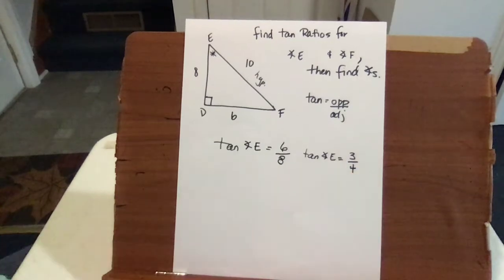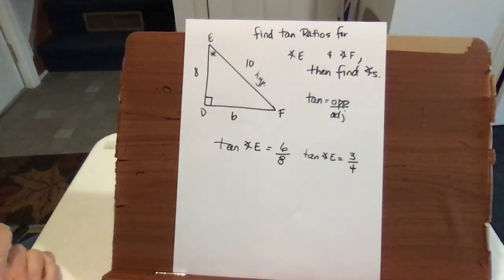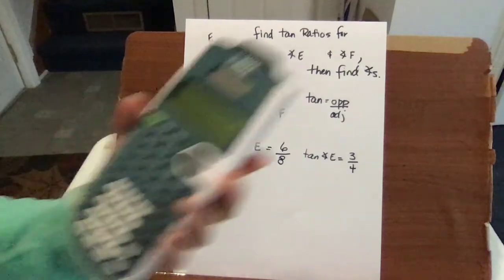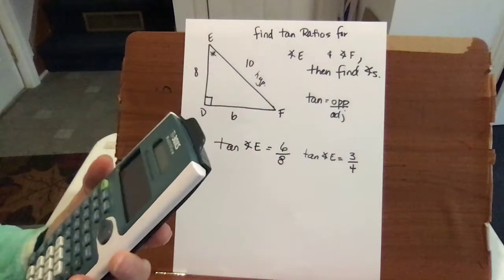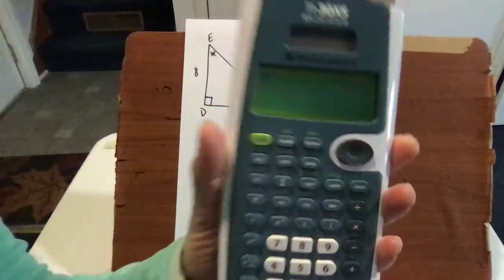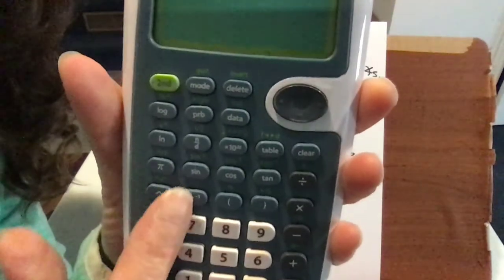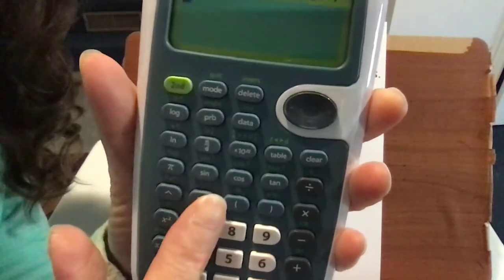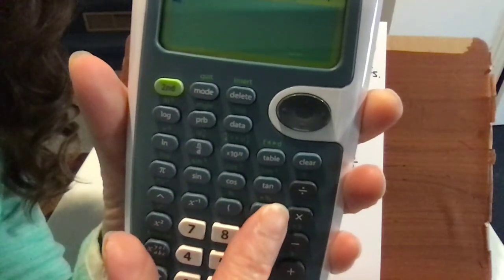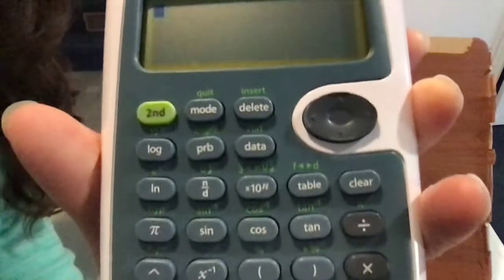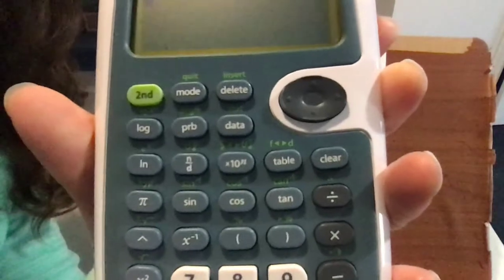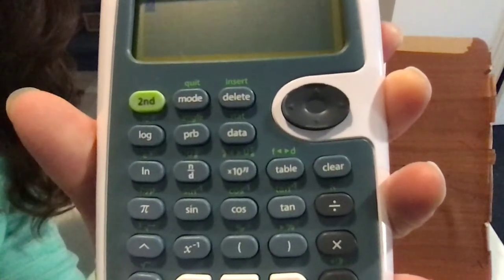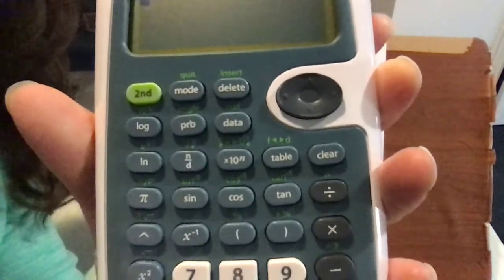Now, we also want to find the angle. The way we find the angle is we have to look at our calculators. We have to invoke what's called the trig functions, and they're right here: sine, cosine, and tangent. Right above them, you can see sine to the -1, cosine to the -1, and tan to the -1.